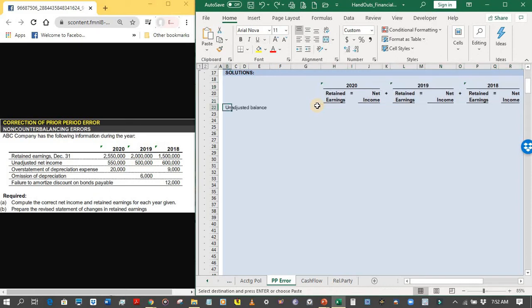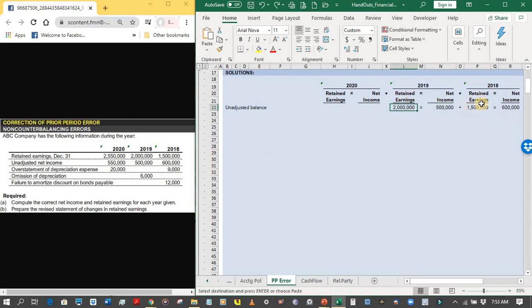For the net income in 2018, based on our given data, we have 600,000 pesos. And the retained earnings at the end of 2018 based on the problem is 1.5 million. Then the net income in 2019 is 500,000 pesos, and at the end of 2019, RE is 2 million pesos.